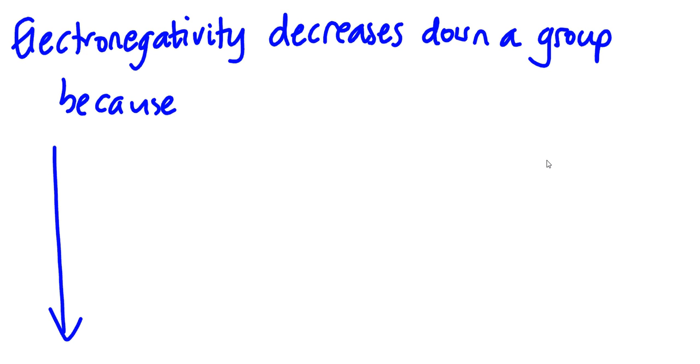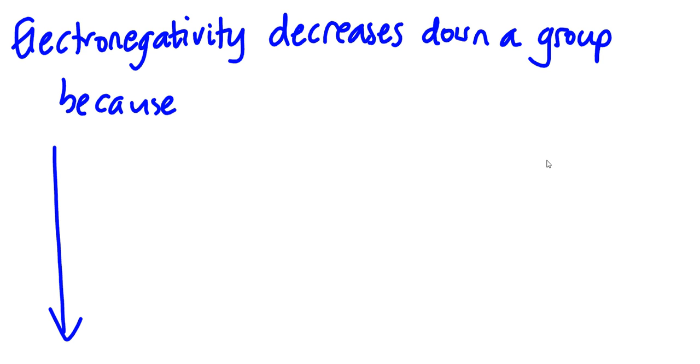Okay, yeah, we know nuclear charge is increasing, but I think it's a lovely word that a number of you have used about it being negated. There are other factors which are more important. What are those other factors? Shielding is it? Why is shielding increasing as you go down a group? Because we've got more shells.